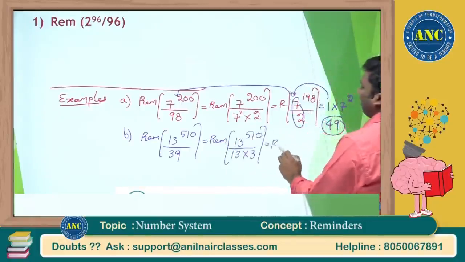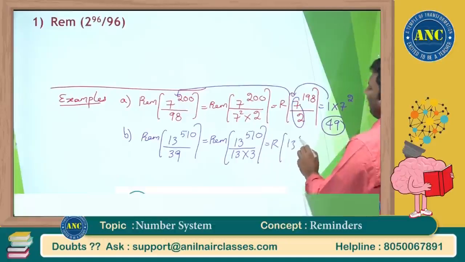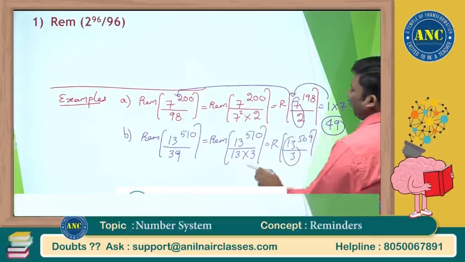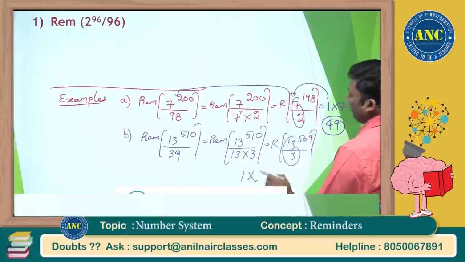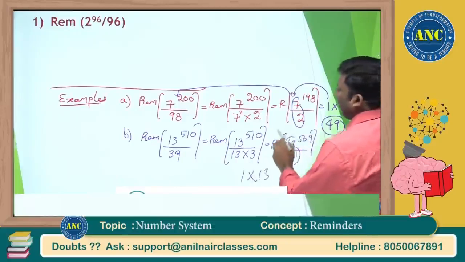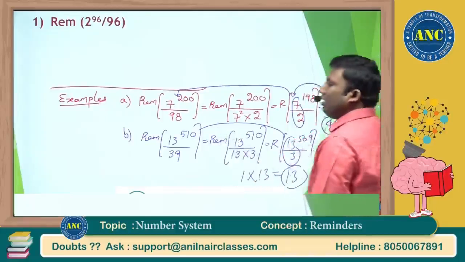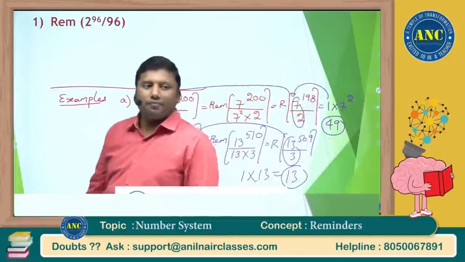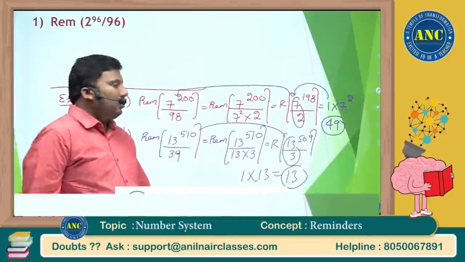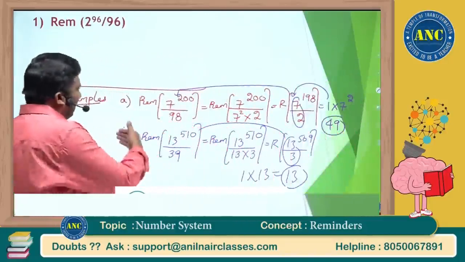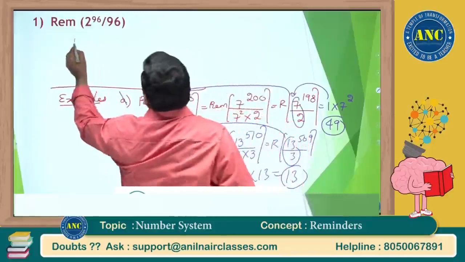This is nothing but 13 power 509 divided by 3. 3 fours are 12, remainder 1. 1 is for 13 power 509, but I require 13 power 510, so multiply by 13. 1 into 13, answer is 13. Now you can solve this question.